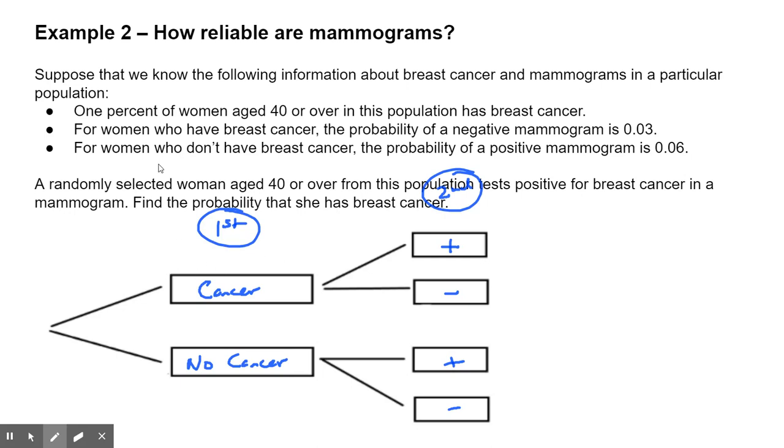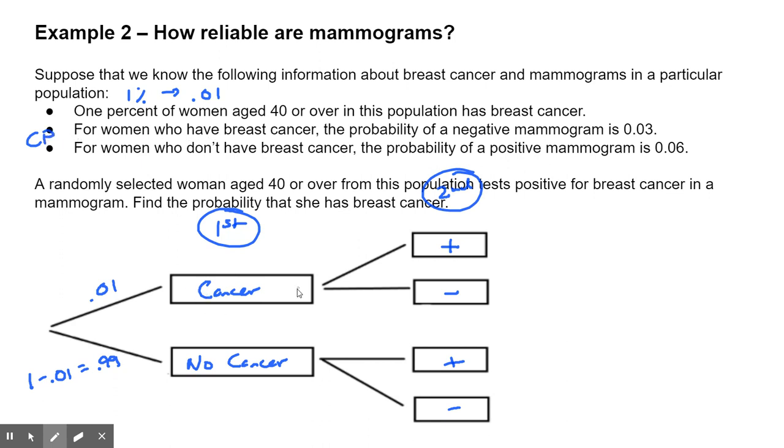So now we got to fill in the numbers. It says 1% have breast cancer. This is 1%, which is 0.01, has breast cancer. That means 1 minus 0.01, which is 0.99 or 99%, does not have breast cancer. And now these two are conditional probabilities, right? For women who have breast cancer.